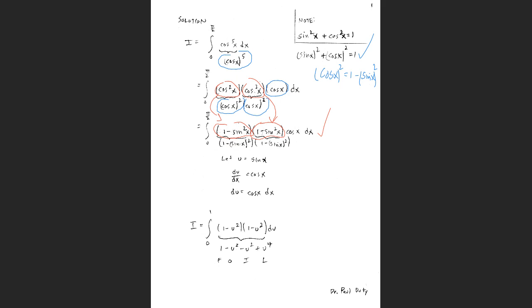Now that the trigonometric integral has a sine and a cosine in it, we're ready to make a substitution. The substitution we're going to make is u equals the sine of x. Then du dx is cosine of x, and du is cosine of x dx.